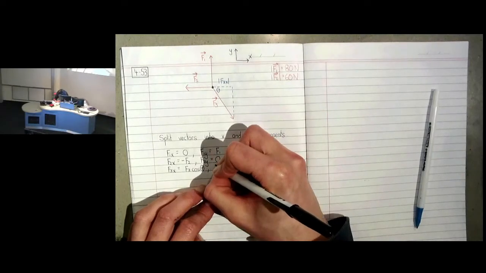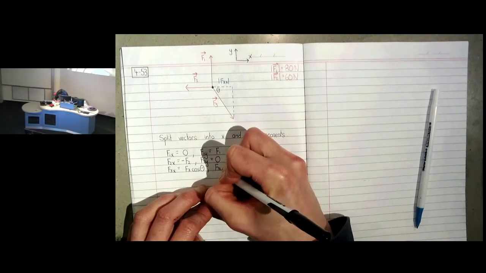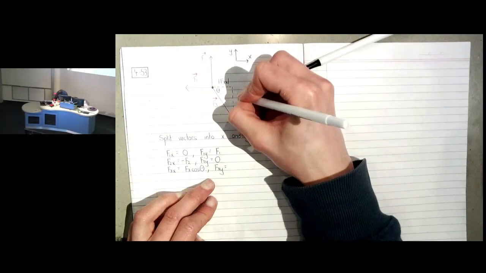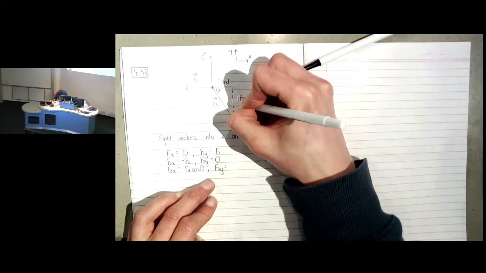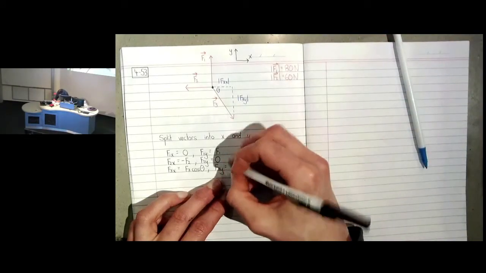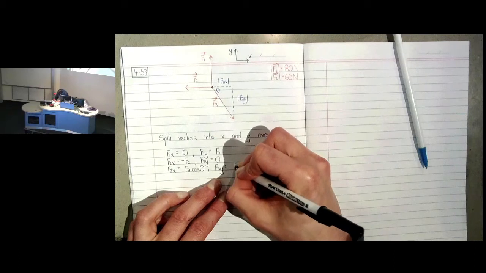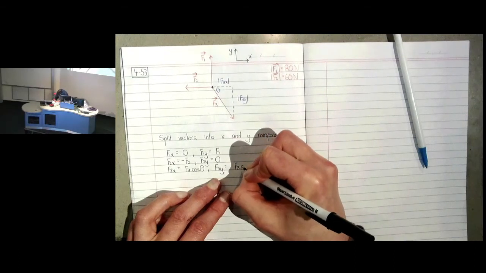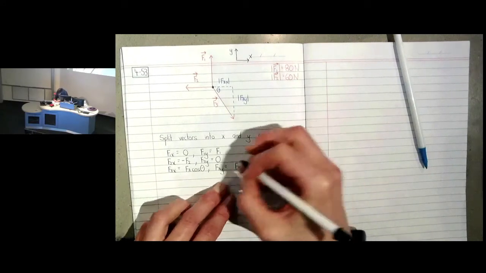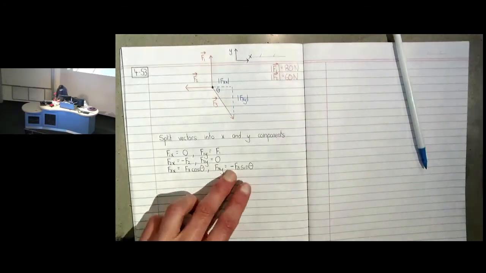Now the y component of F3 is going to be the same thing, except that the length of its y component is just going to be the length of this opposite side over here. So the y component then is going to be F3 times sine of theta, with a minus sign out the front because F3 is pointing in the negative y direction.